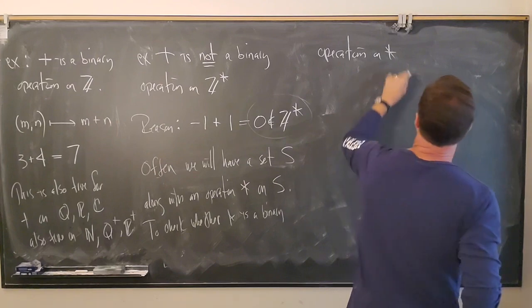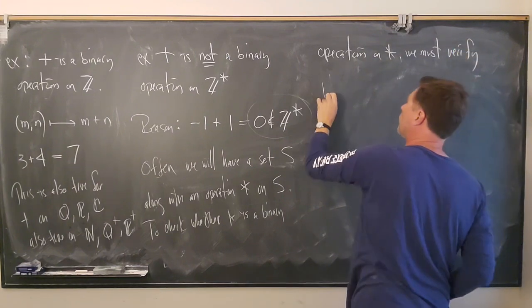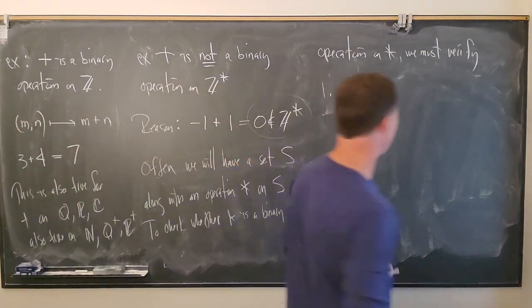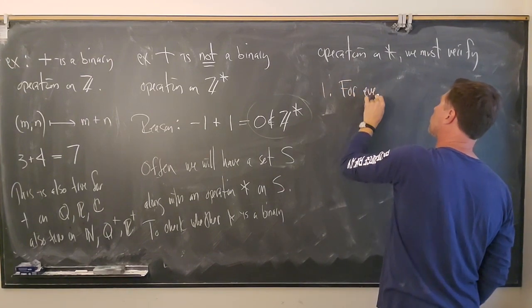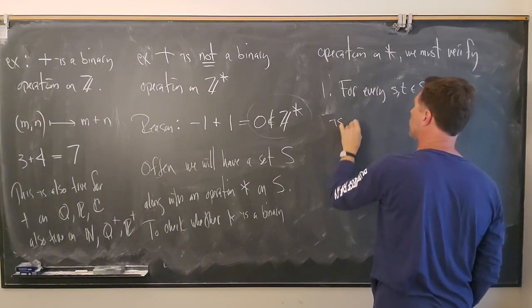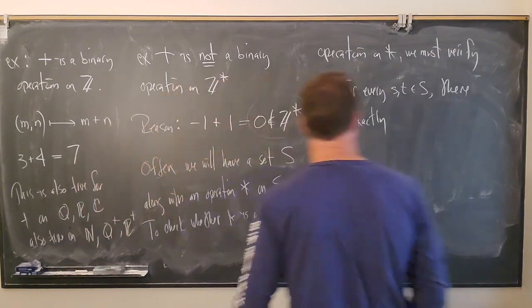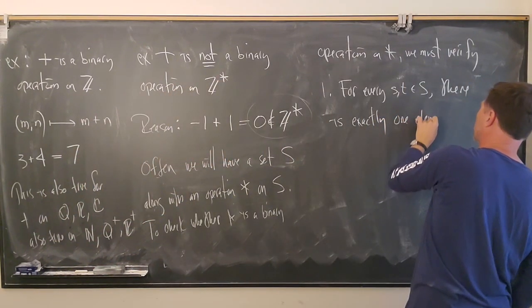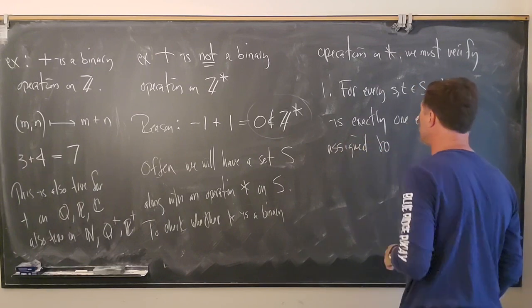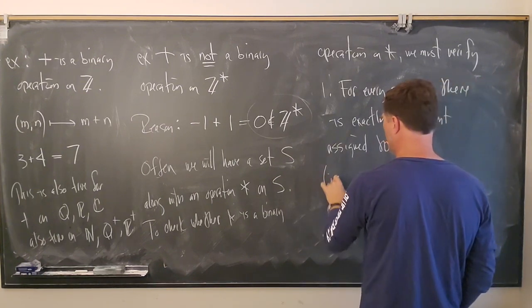First, for every little s and t in S, there is exactly one element assigned to the pair s comma t.